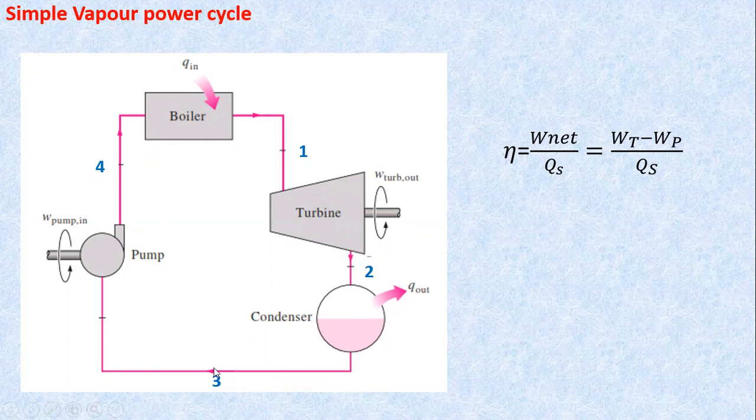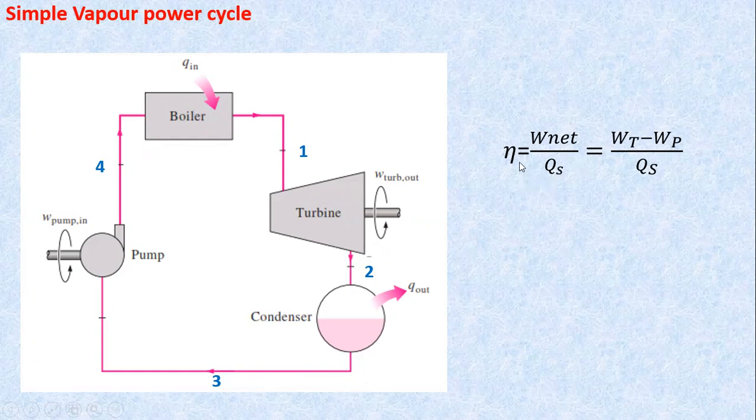Then the water will be pumped back to the boiler. Here, the change of phase occurs from liquid phase to vapor phase in the boiler and back to liquid phase in the condenser.